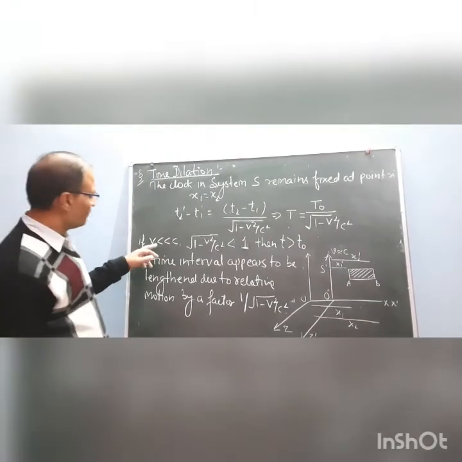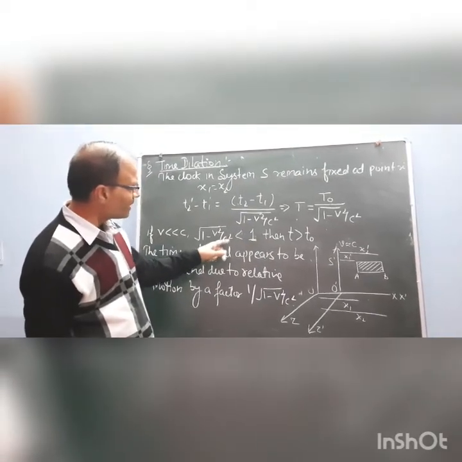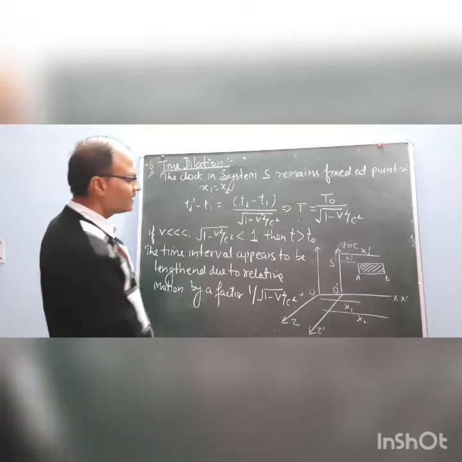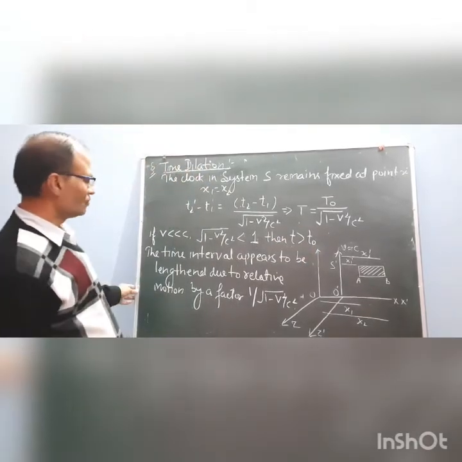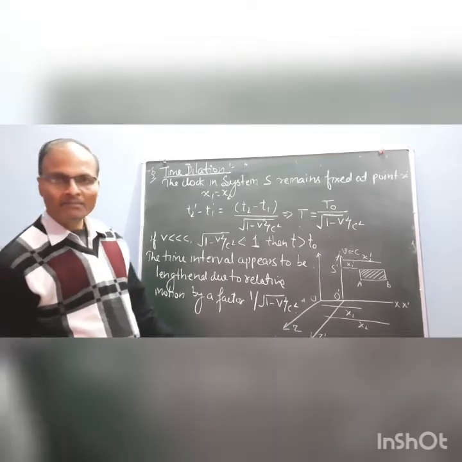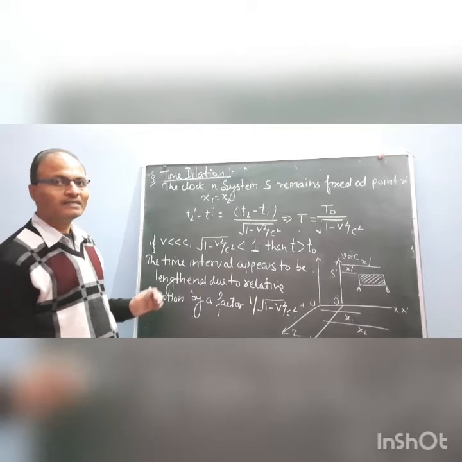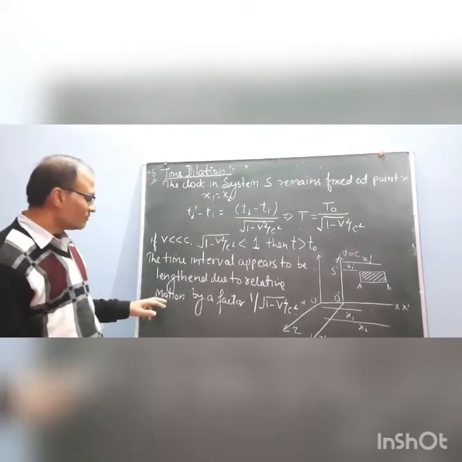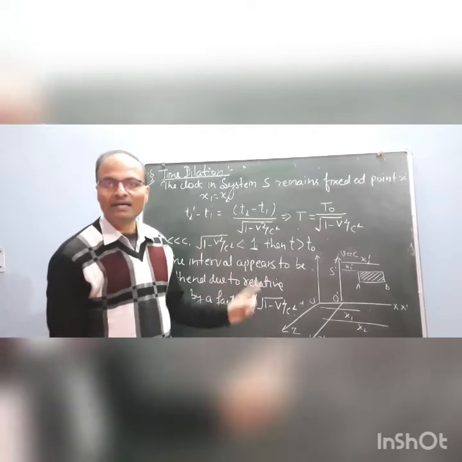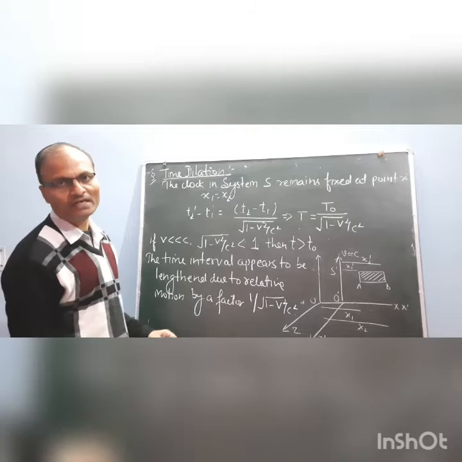Now, if v is much lesser than c, then under root 1 minus v square upon c square is less than 1. Then t is greater than t naught. So, the time interval appears to be lengthened. Lengthened means time delay, due to relative motion by a factor of 1 upon under root 1 minus v square upon c square.